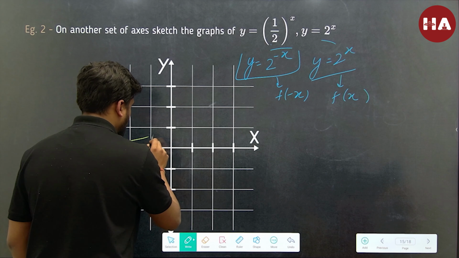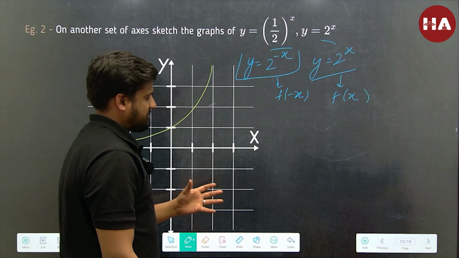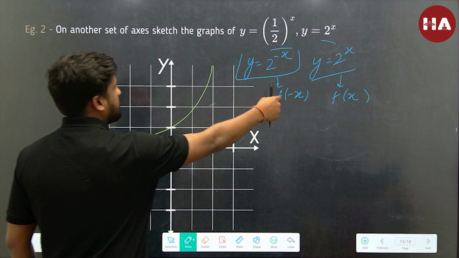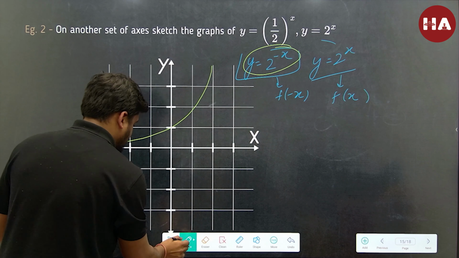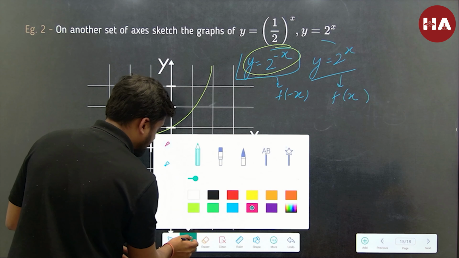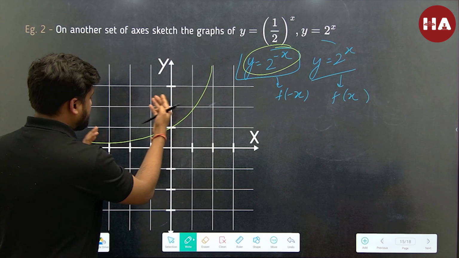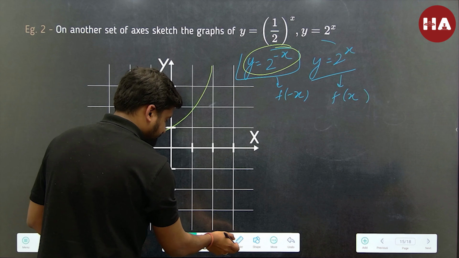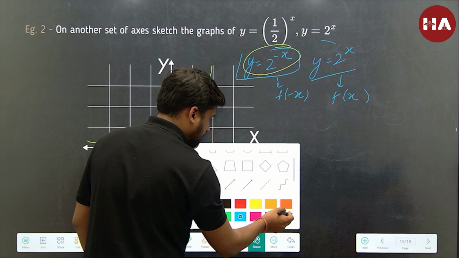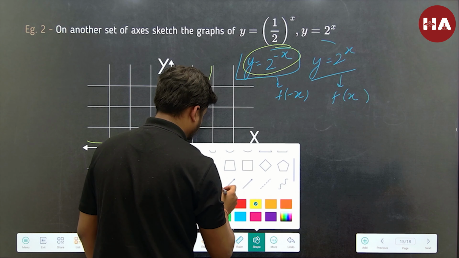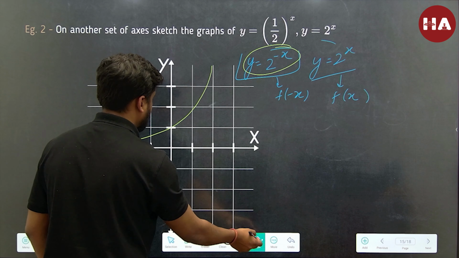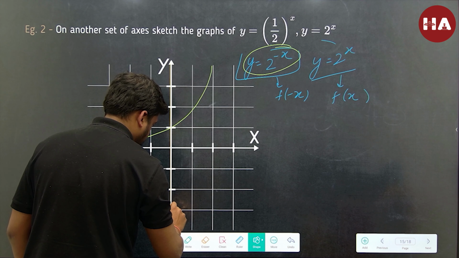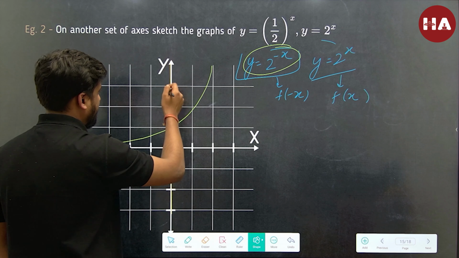The graph will look something like this, obviously. Now I need to draw the graph of 2 to the power minus x, and that should look something like this if I take the reflection of this graph along this axis. So basically I need to take the reflection in this line, this yellow line.